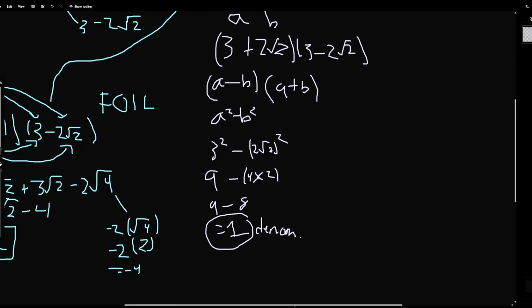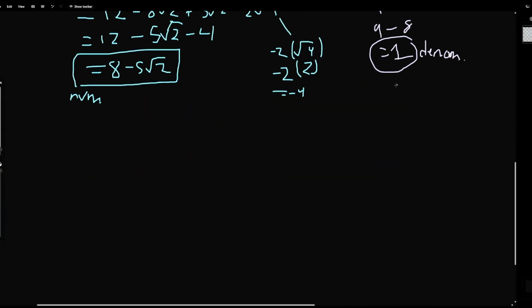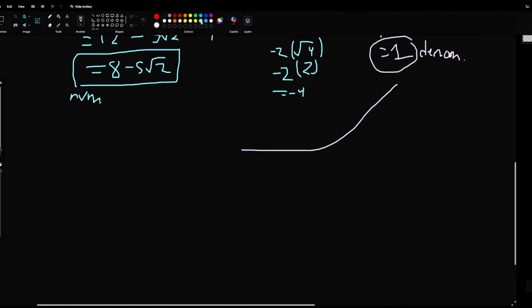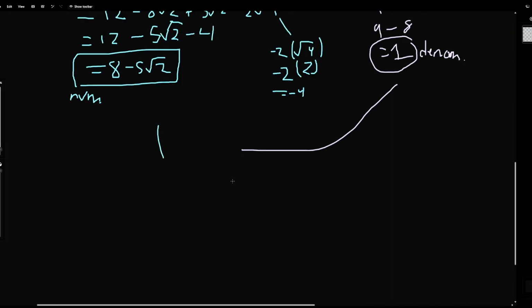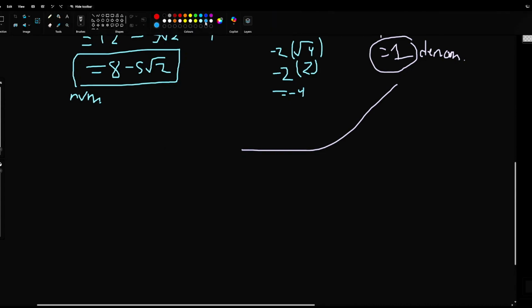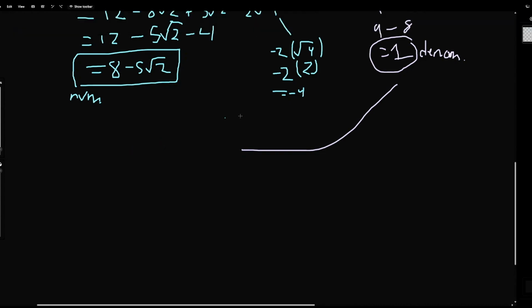And what we can do now is just put these into the fraction. It's just going to be (8 − 5√2) over 1, which just gives us 8 − 5√2 as our final answer.